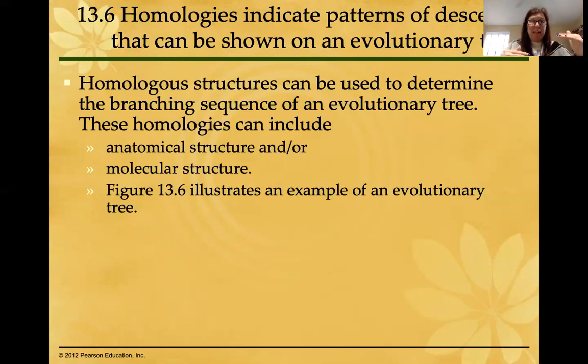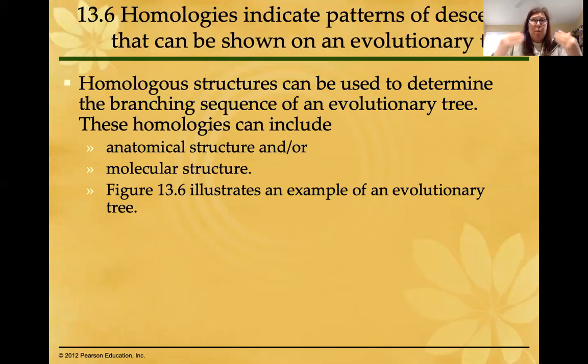For instance, a butterfly's wings and a bird's wings. The butterfly wing is an outgrowth of the exoskeleton, and a bird's wings, as you kind of saw with the homologous structures, are modified forelimbs. There are no bones in a butterfly wing.